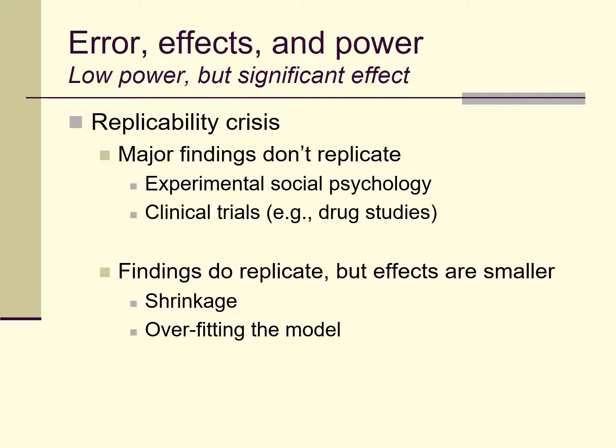Sometimes it's been found that major findings just don't replicate at all. Sometimes it's found, like I suggested before, that these findings do replicate, but their effects are much smaller. Again, evidence of shrinkage or overfitting the model, or a decline effect, if you want to call it that.